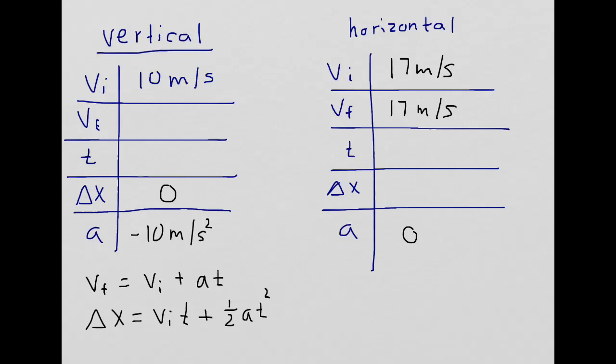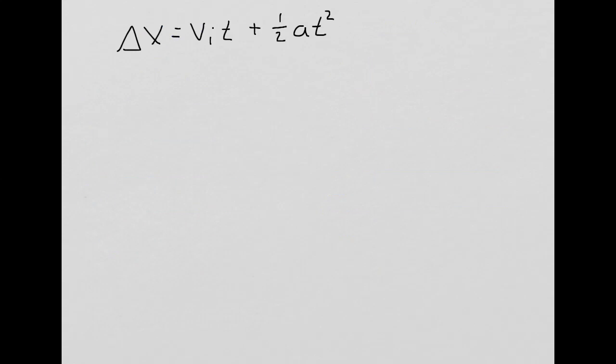So delta x equals initial velocity times time plus 1/2 acceleration times time squared. We saw that displacement was 0 and that initial velocity was 10, so I can plug those two in. Oh, and then acceleration is negative 10. So 0 equals 10t plus 1/2 times negative 10 times t squared.